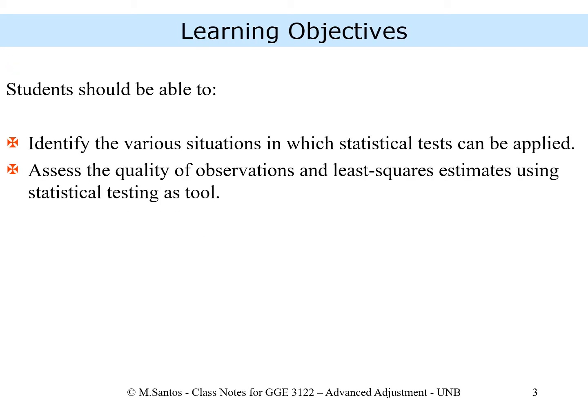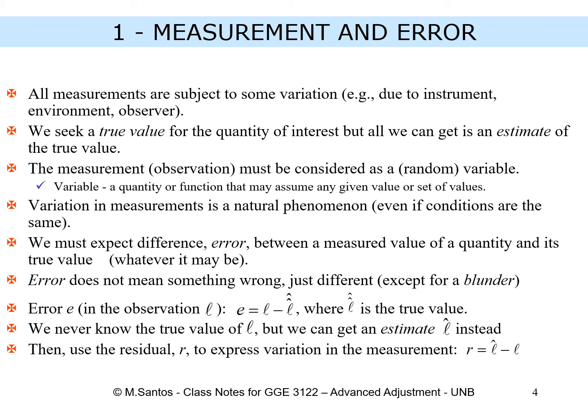The overall learning objectives are to identify the various situations in which statistical tests can be applied and assess the quality of observations and least squares estimates using statistical testing as a tool. We desire to determine the true value of a particular quantity.